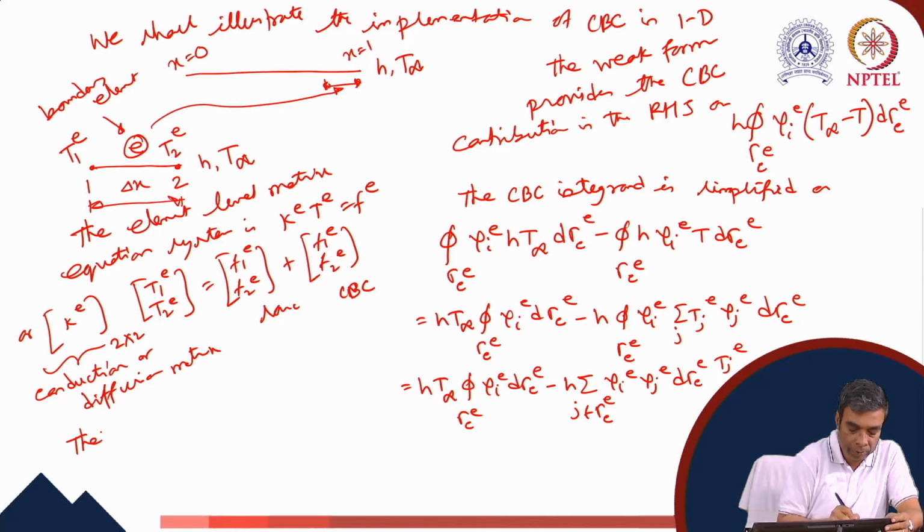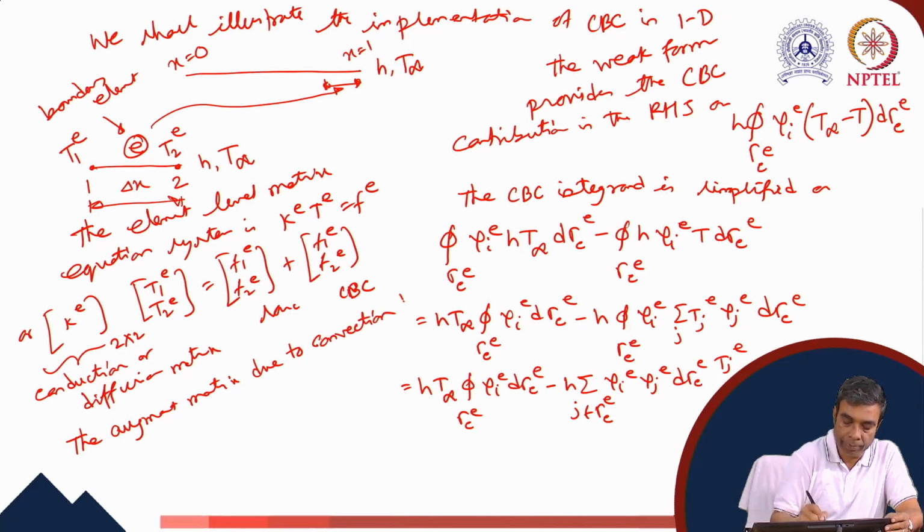Now, the augmentation matrix due to convection BC is computed as follows.